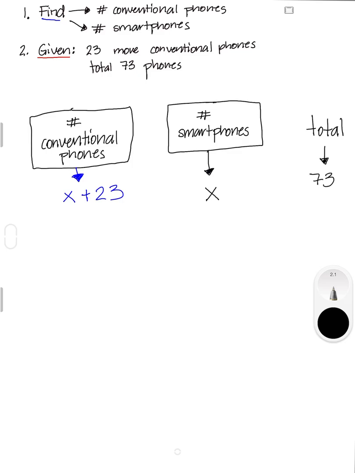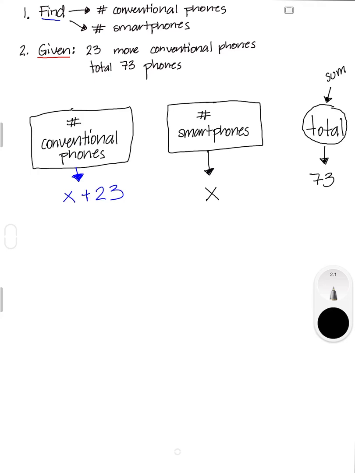Let's remember that whenever they say total, they mean there's going to be some sort of addition or putting together. Total means a sum. So the sum, the addition of the conventional cell phones plus the smartphones, is going to be a total of 73.